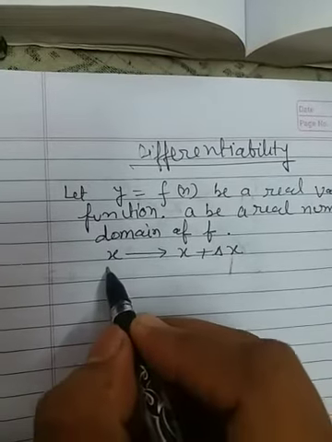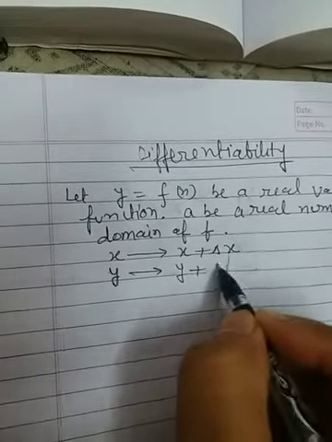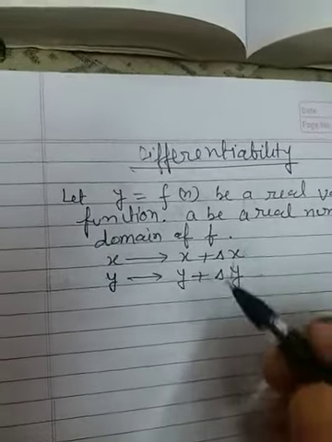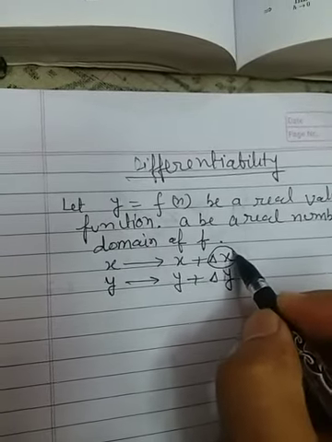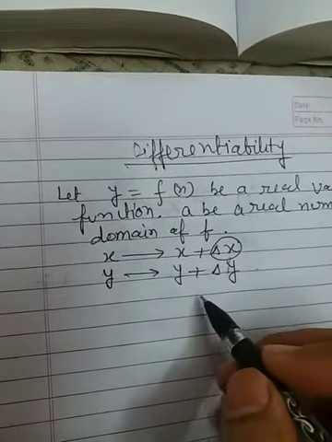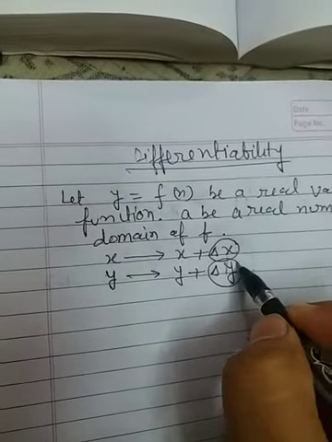Consequently, there will be a change in y. The change will be y plus delta y. For a small change in x, say delta x, there will be a change in y. So let us suppose that this change is delta y.